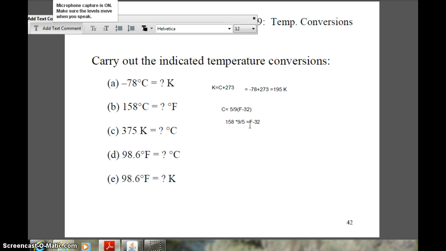Plus 32, and I'm getting 316.4 Fahrenheit as my final answer.